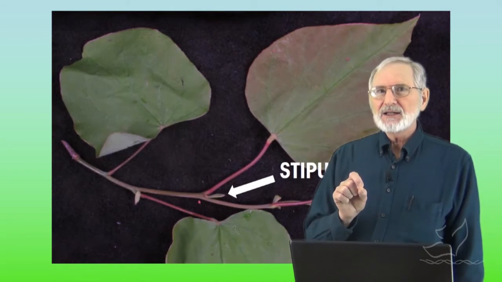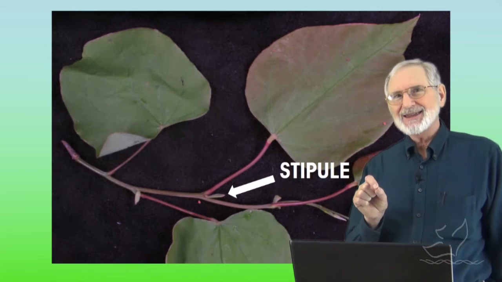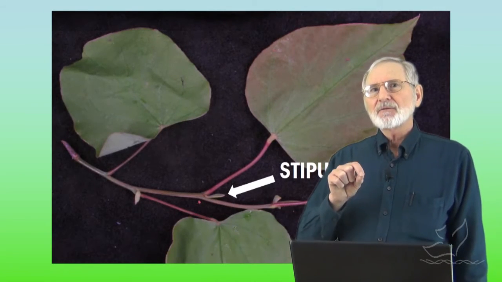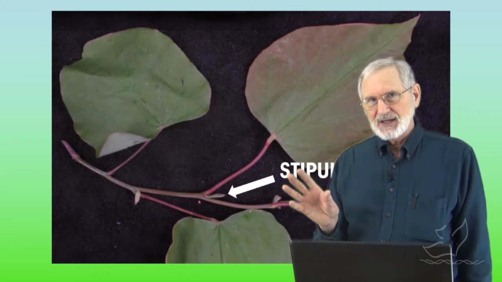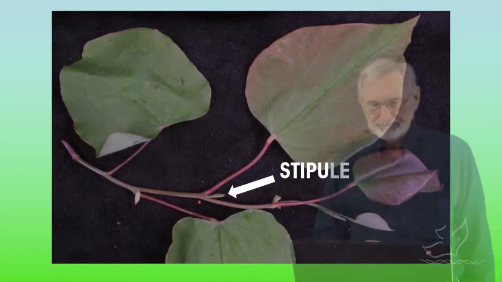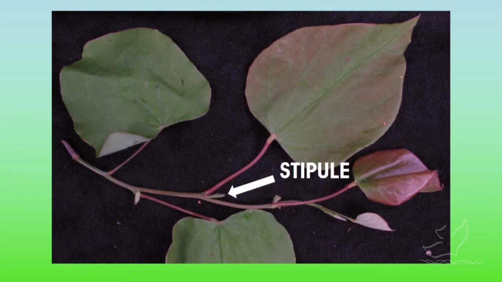If there is a bud or a branch there in that angle, then everything from the stem up is a leaf. It's one leaf.